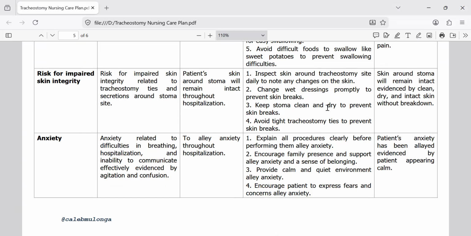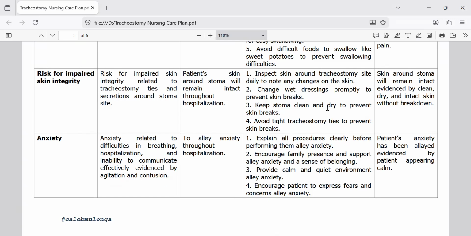Okay. Lastly, let us look at our last problem, which is anxiety. So anxiety is always there. Knowledge deficit is always there. You have to understand that usually we refrain from using anxiety and knowledge deficit in the same nursing care plan because they usually have similar nursing interventions, but they are of course different.